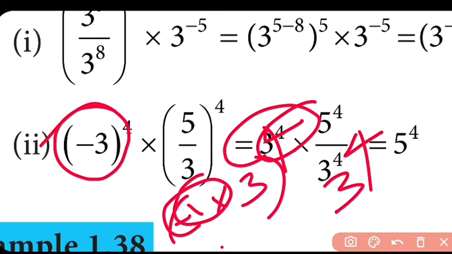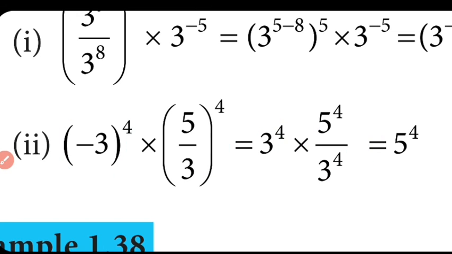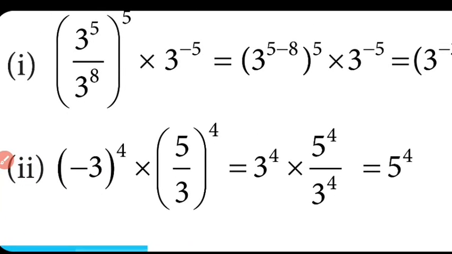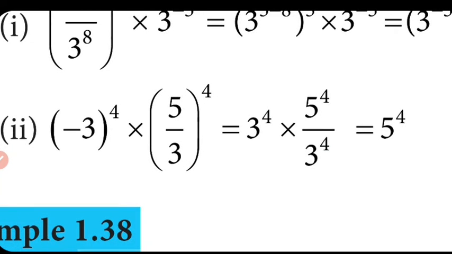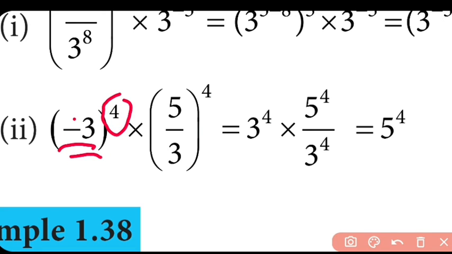Otherwise, just remember that when a negative number has an even power, the value becomes positive. Here 4 is an even number, so the number becomes positive.